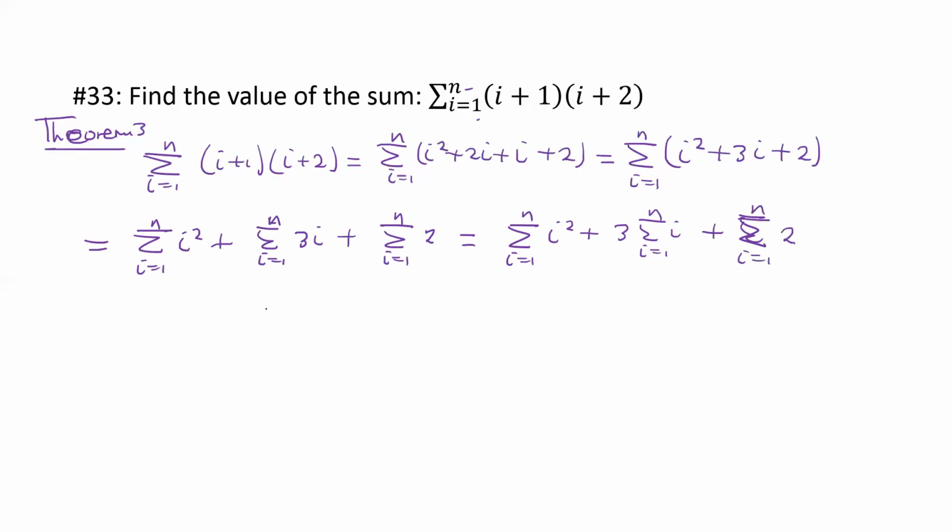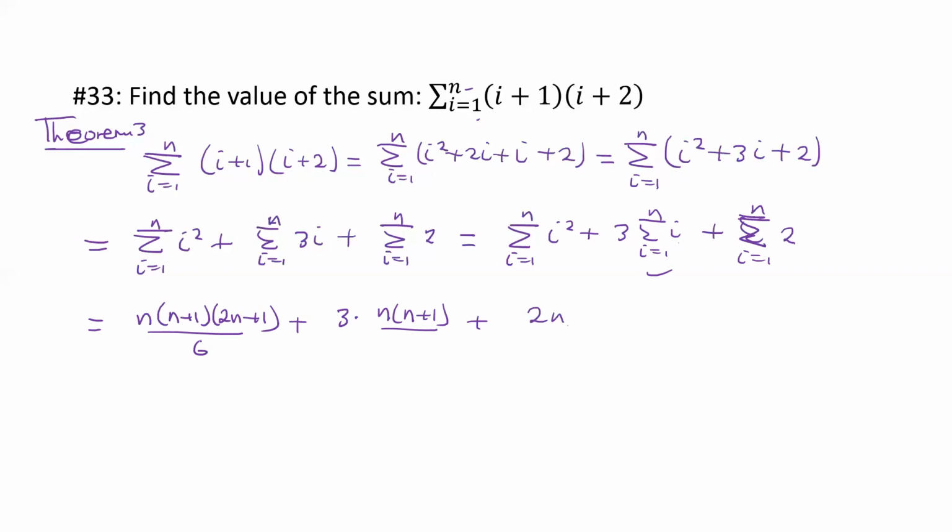Then if I use theorem 3, remember the sum of i squared is given by n times (n plus 1) times (2n plus 1) divided by 6. The second term will be 3 times n times (n plus 1) over 2, then plus 2n.